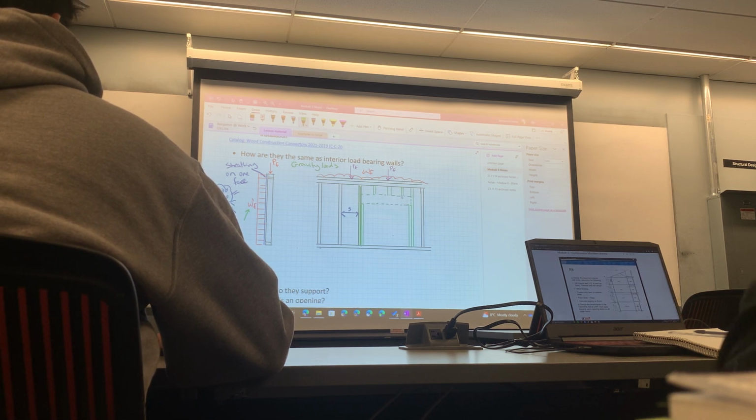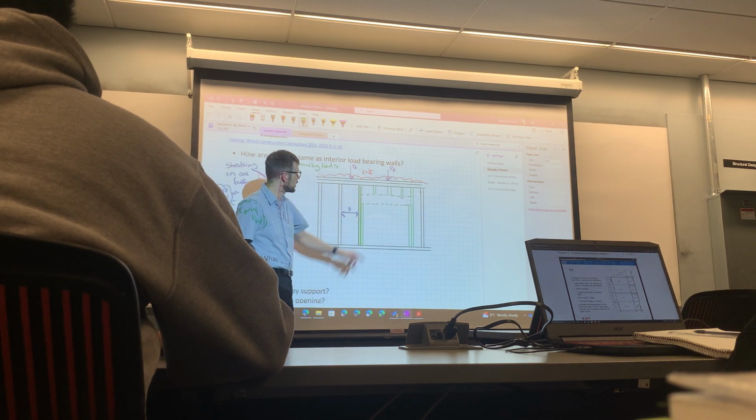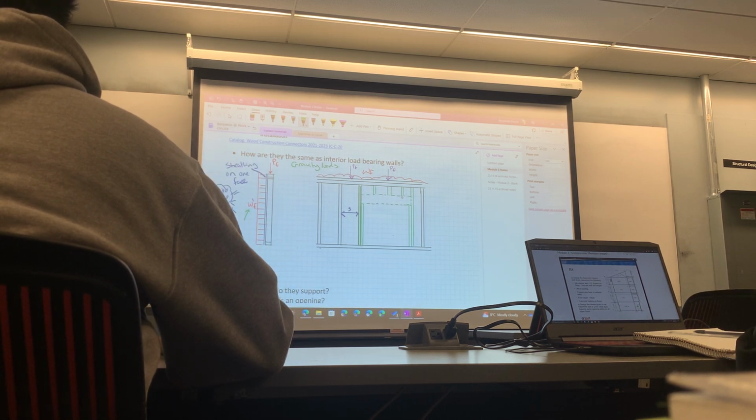Give or take, one jack, one king, here's the header. And it would be the same thing for exterior walls.